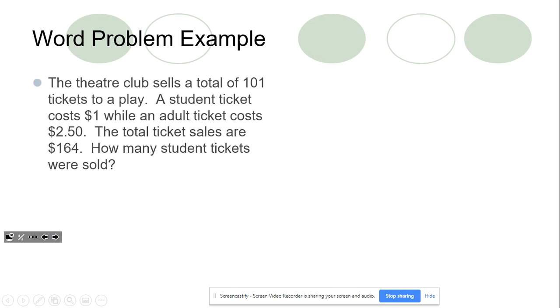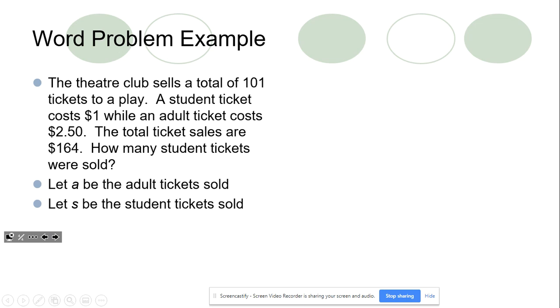Here's a word problem example. Pause the video at this point to write down the word problem example. So as shown, we're going to have two variables for this particular word problem, for student ticket and adult ticket. I let A be the adult ticket sold and S be the student ticket sold. The theater club sold a total of 101 tickets to the play.